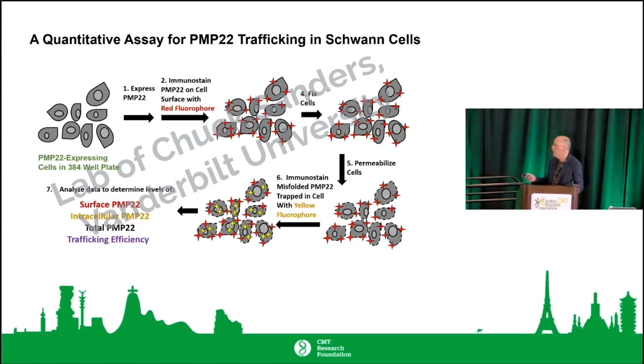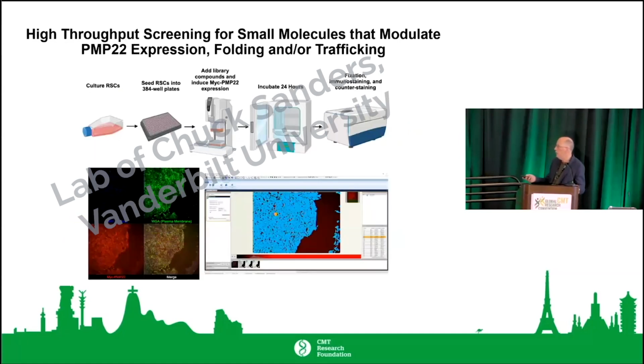And so this assay we reformatted for a multi-well plate so that we could do high throughput screening using this assay to look for compounds that had the properties that I just described to you as possible therapeutic leads.